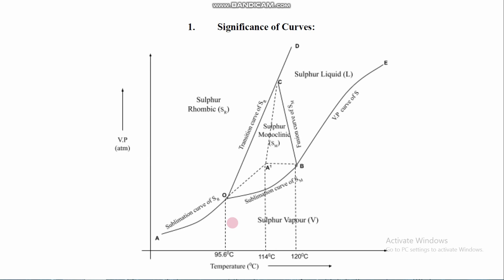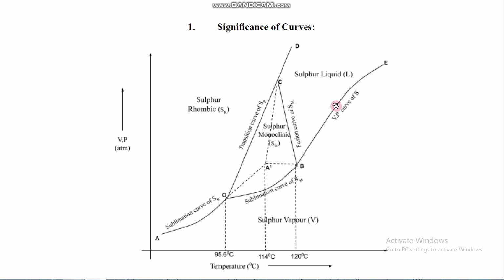The next one is the BE curve. This curve is known as the vapor pressure curve of sulfur, which indicates the equilibrium between sulfur liquid and sulfur vapor.